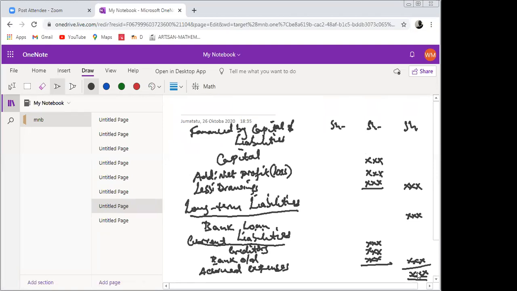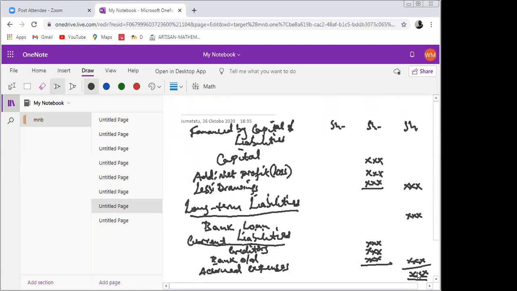If the question was self-balancing and if you have not committed any mistake, the two figures should agree. So with that much explanation, it is time now we do the practical aspect of it.